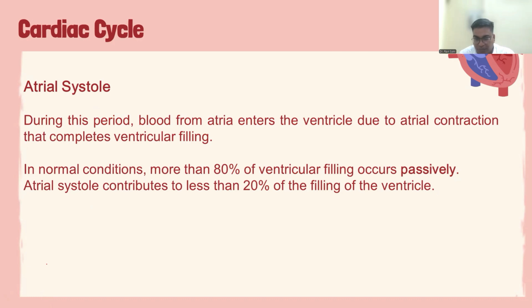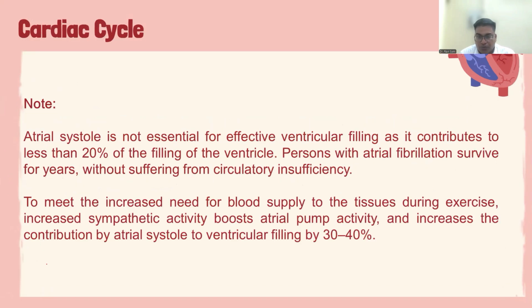If any pathology is present in atria, then this will not hamper this normal filling of the heart, because 80% part is occurring through the passive filling. So if a person is having any kind of pathology, he or she can survive without any circulatory insufficiency.